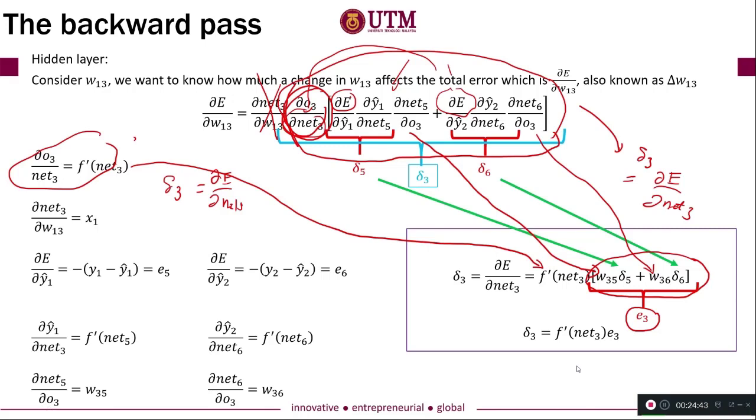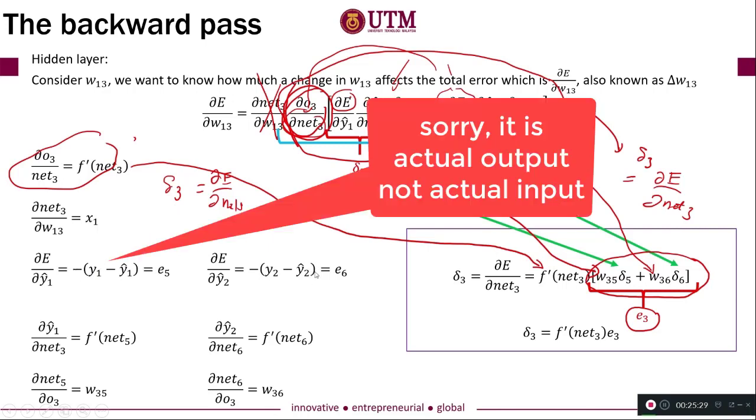Still, the purpose is to generalize the things there. Later you will see the purpose of defining new things, where we now have a generalized form. Previously we had delta 5, delta 6, and delta 3, whose definition is the same, still equal to del E over del net 3, but the local error is a little bit different. Previously at the output layer, E5 and E6 were very common: the difference between the actual and predicted output for each component.